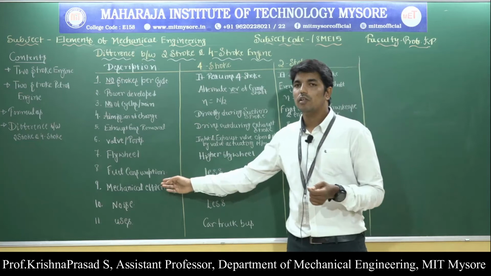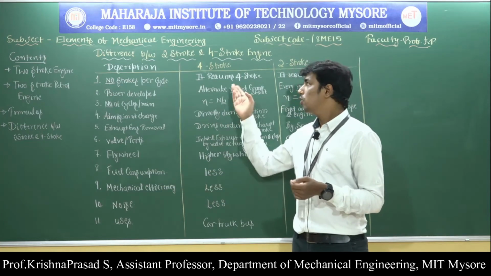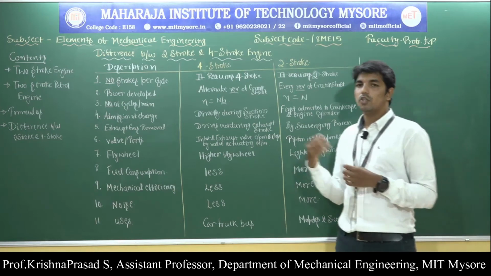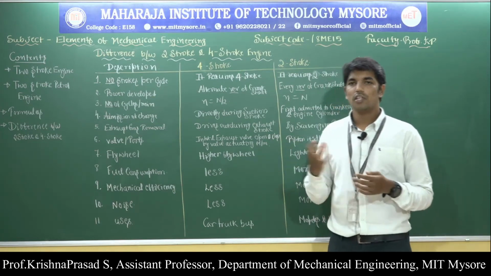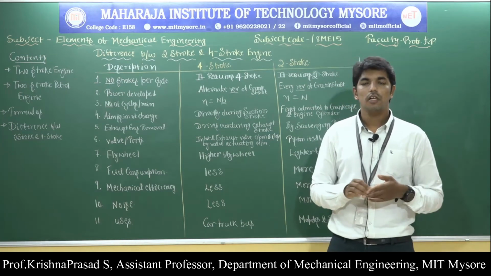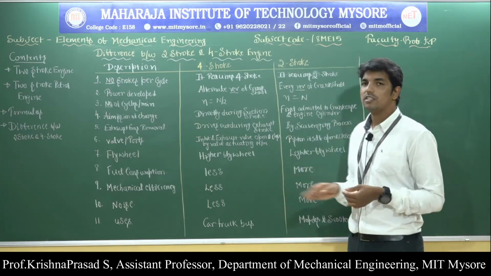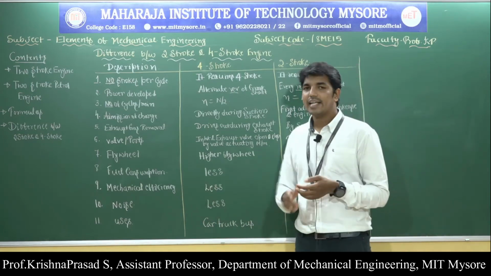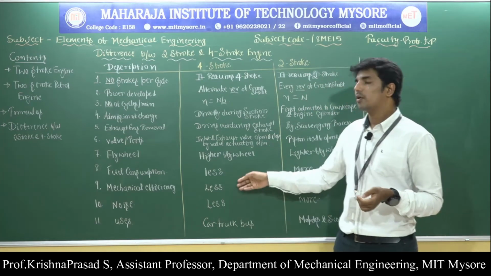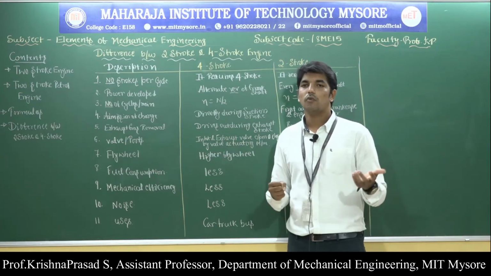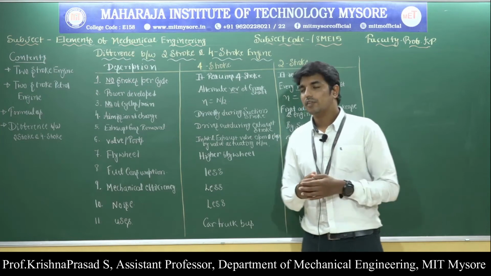Then consumption of fuel is less in the 4-stroke engine, but more in the 2-stroke engine, because during the scavenging process the fresh incoming charge mixes with the burnt gases and is expelled into the atmosphere, which is a wastage of fuel. Then mechanical efficiency is less in the 4-stroke engine because crankshaft power is extracted to operate the inlet and exhaust valves through the valve actuating mechanism.